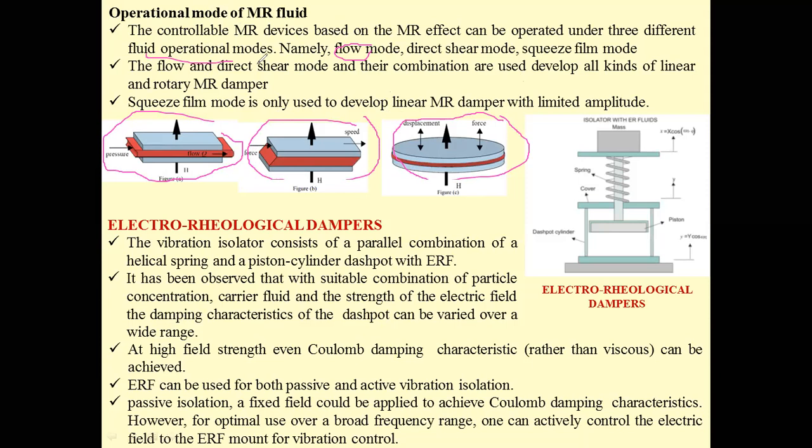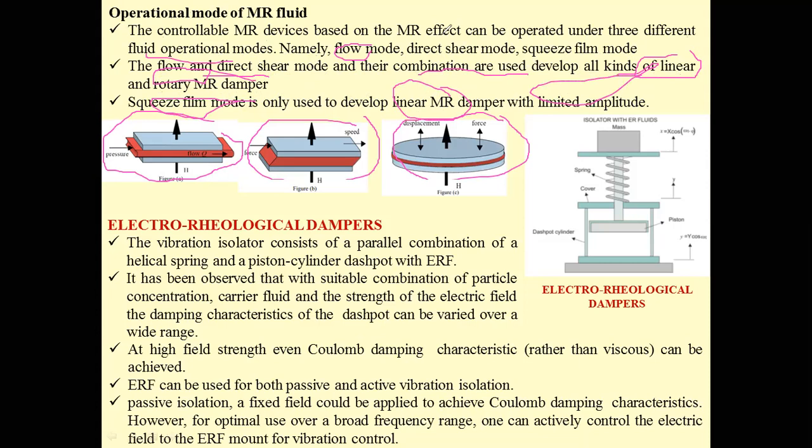The flow and direct shear modes and their combination are used to develop all kinds of linear and rotary dampers, and squeeze film mode is used to develop only a linear damper, which is limited to small amplitude. A combination of both can be used as a linear damper as well as a rotary damper.